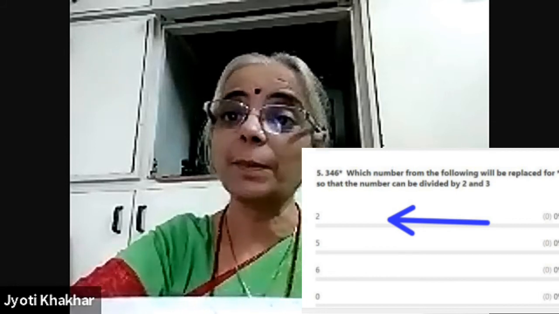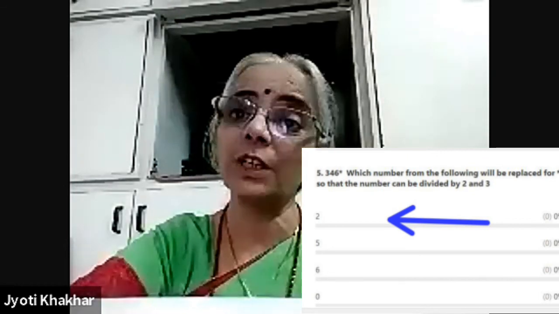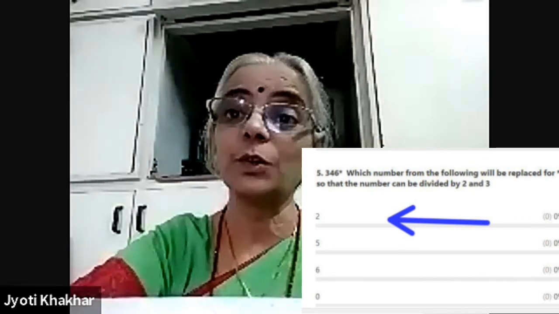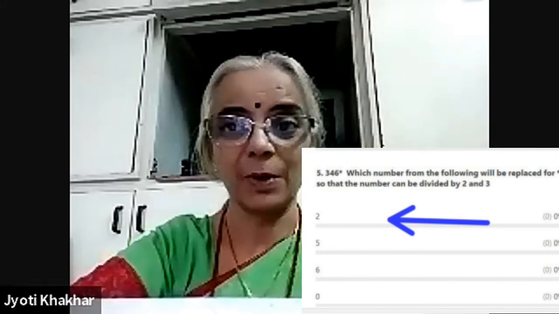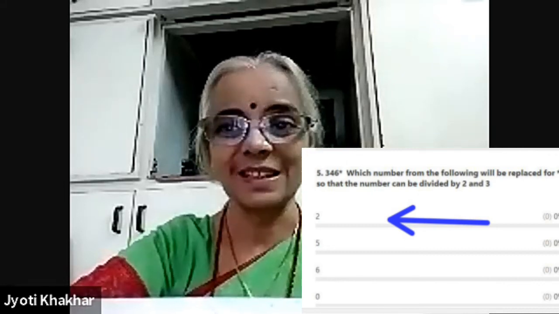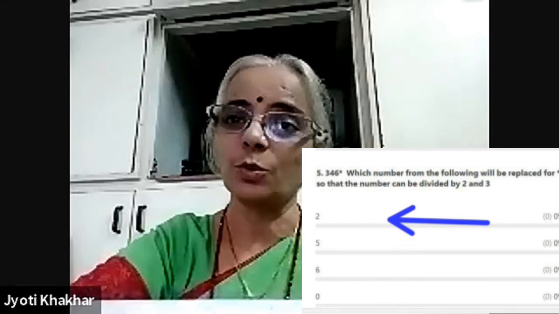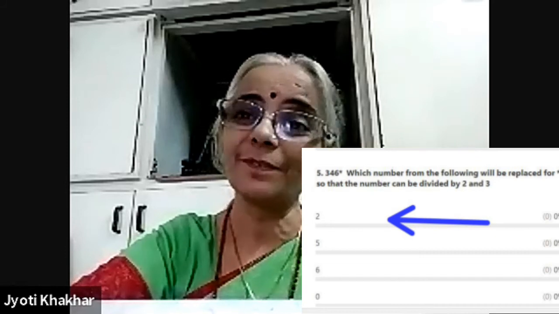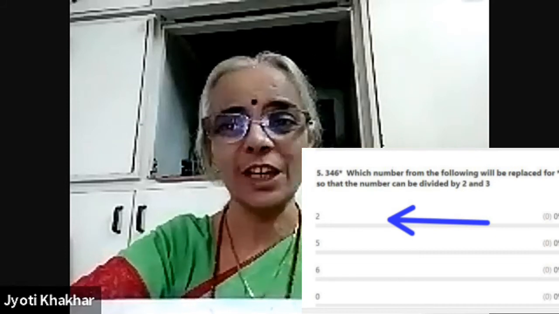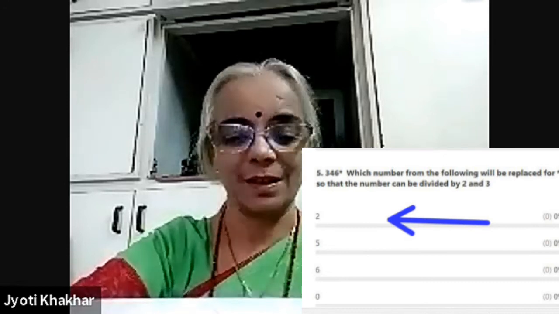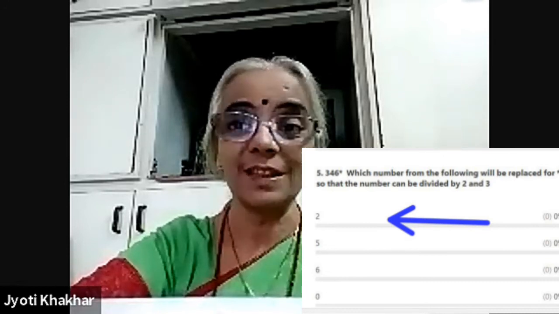Now think about the divisibility rule of 3. We need to add the digits. So 3 plus 4 plus 6, and with the first option 2, the total is 15. That can be divided by 3. Also check with the other options. The total is 19.